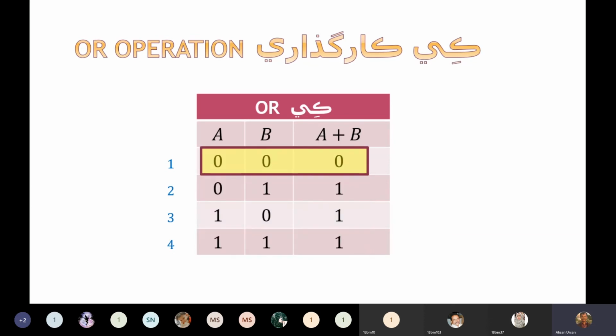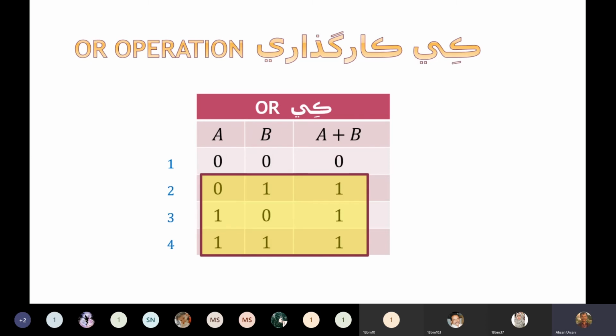Only in one case is the output 0, when both operands are false. Otherwise, output is true. This means if at least one input operand is true, then the output will be true.